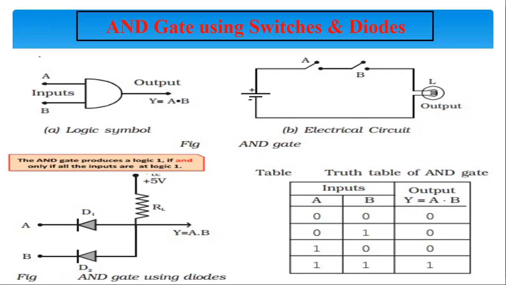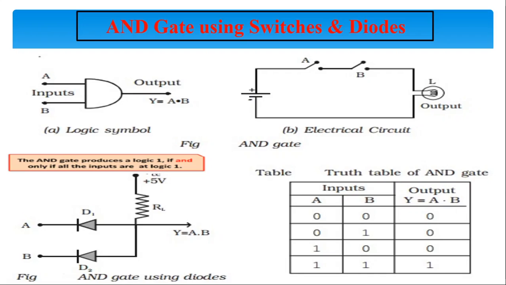When one of the switches is open, that is at logic 0 level, and the other one is closed, that is at logic 1 level, then the lamp is off. That means the output of the AND gate is 0. As the circuit is not complete, there is no current flowing from the battery to the lamp, thereby keeping the lamp off.